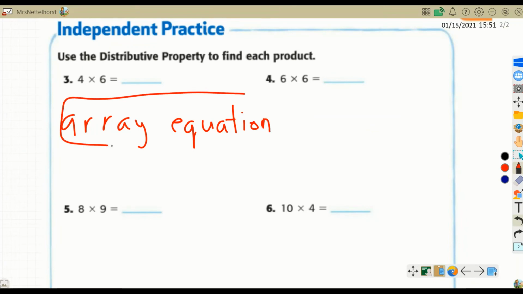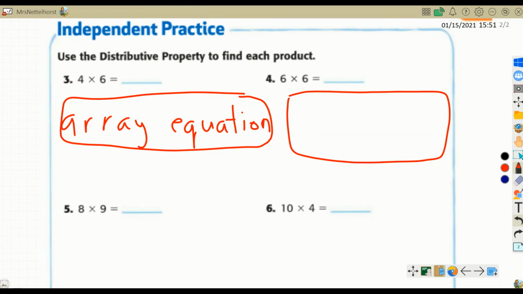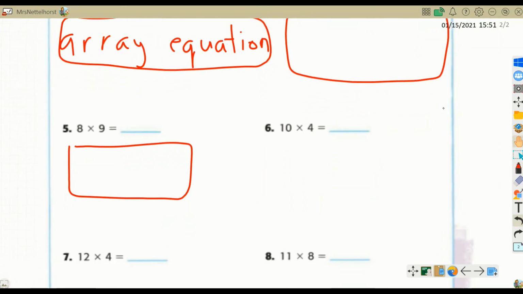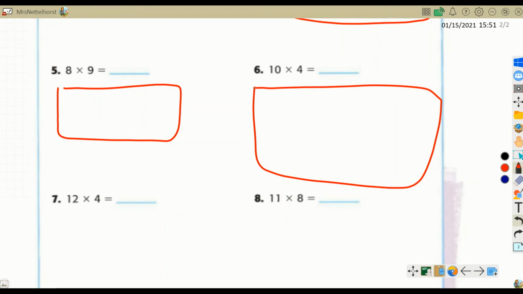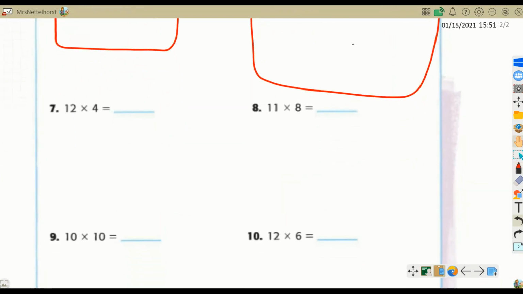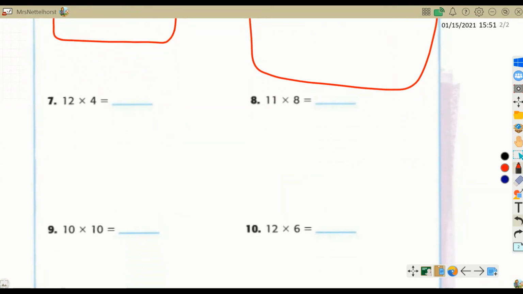So an array and an equation here, and an array and an equation here, an array and an equation here. Let me move this up a little bit. You need one for number 6 as well. You also need one for 7 and 8.